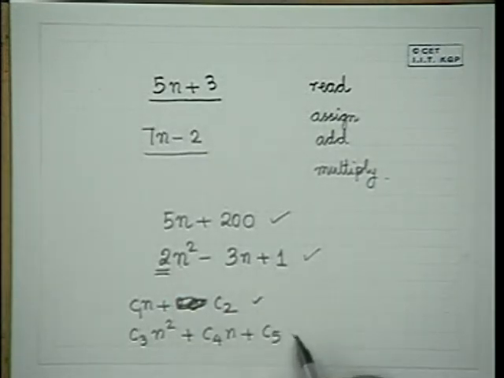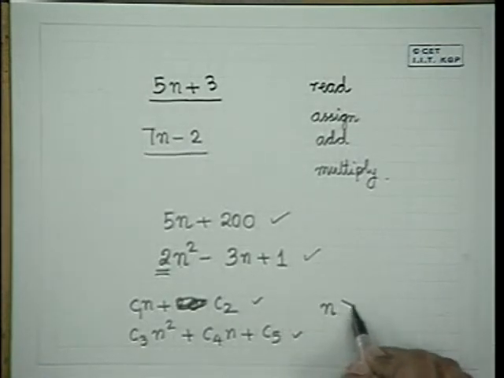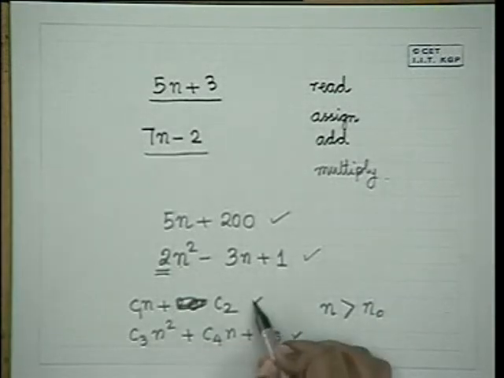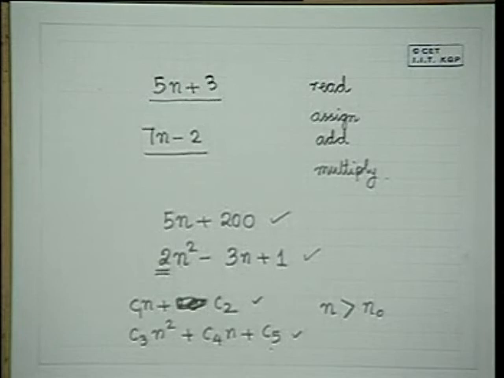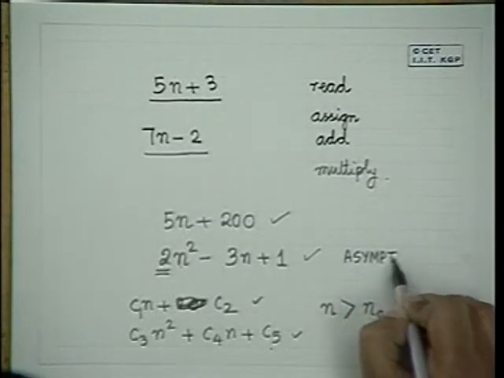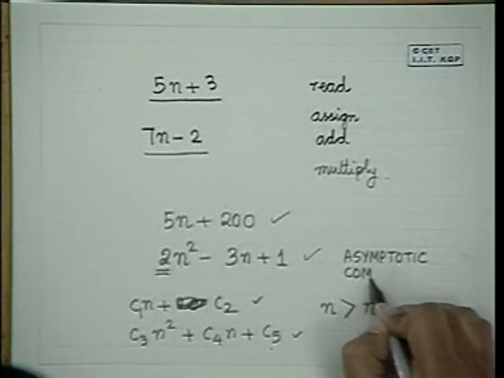Given two such functions, whatever be the values of C1, C2, C3, C4, C5, provided they are greater than 0, then beyond n greater than some n0, this will be faster than this. This is called asymptotic comparison.